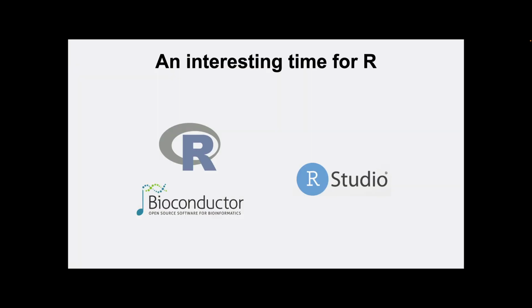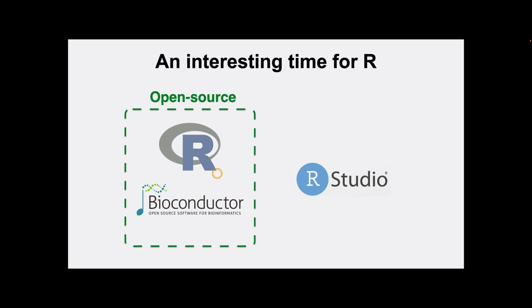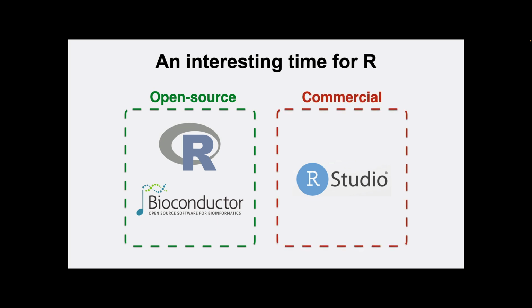I want to take just a minute to highlight that this is a pretty interesting time for R, in part because both the R programming language and Bioconductor are, as I've described already, open source tools, but the community that uses those tools is largely interacting with them through a commercial piece of software. RStudio, made by Posit, is a commercial piece of software. It happens to be free right now and has always been, but there's no guarantee that it remains that way.